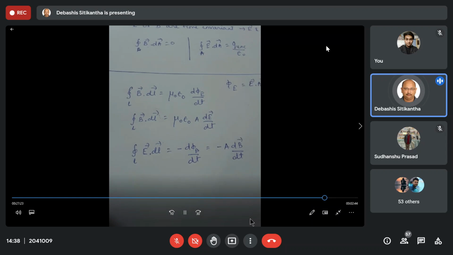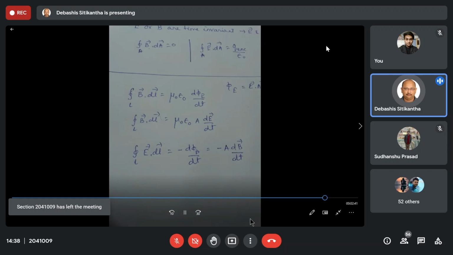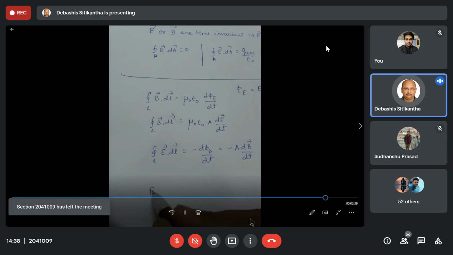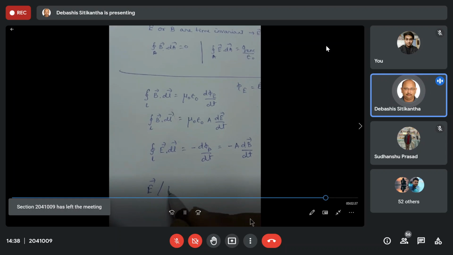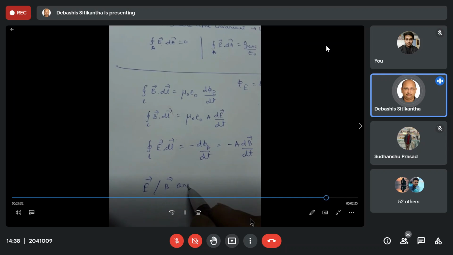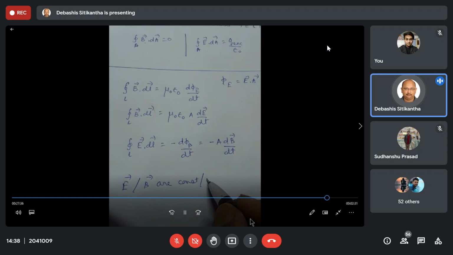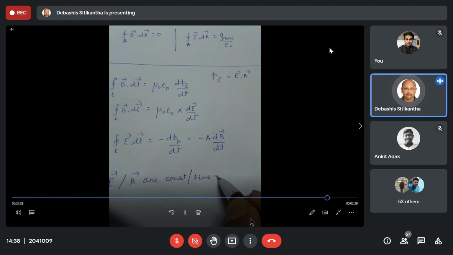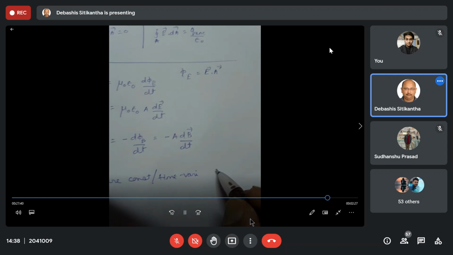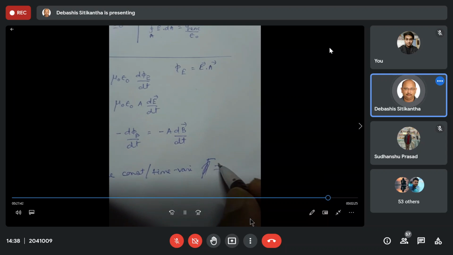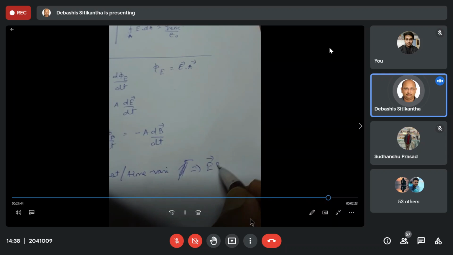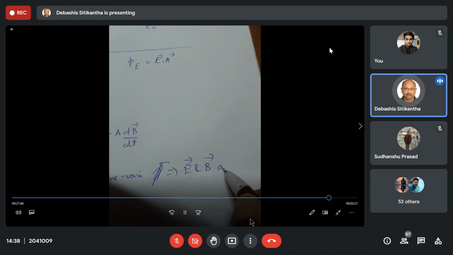So at least we concluded that whenever E vector or B vector are constant or time invariant, E vector and B vector are independent.